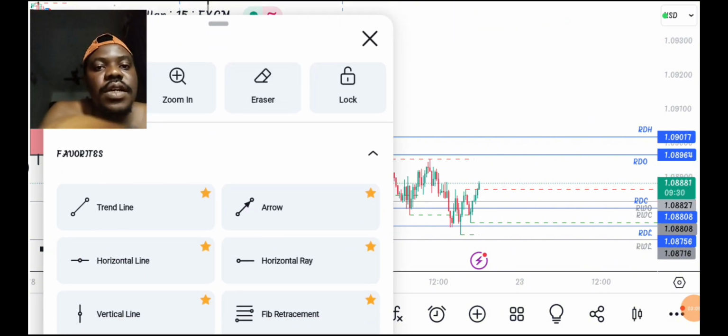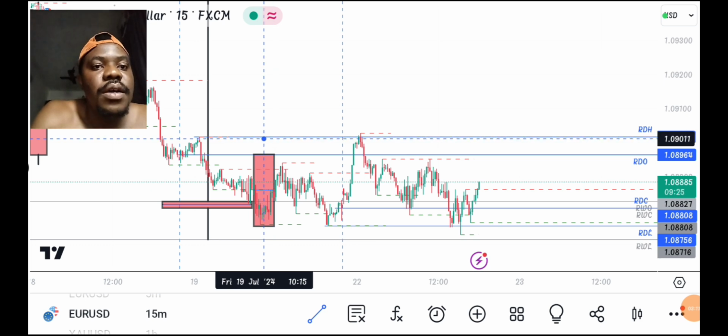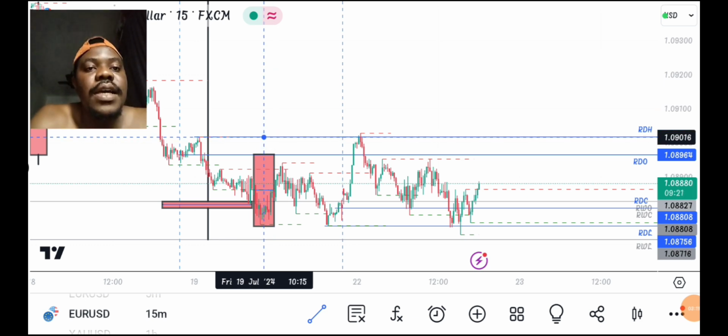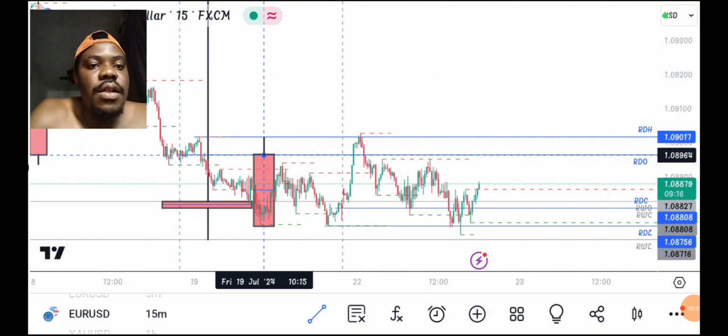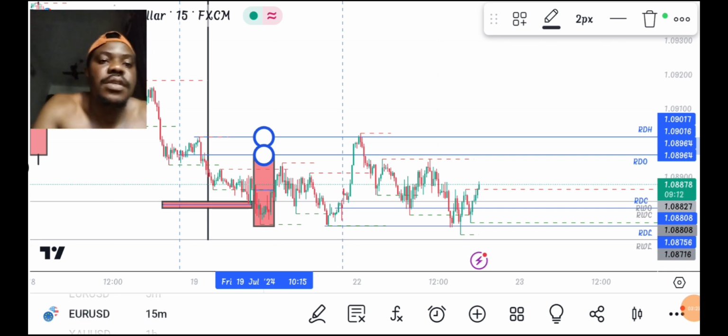Then we take our trend line tool and draw from our recent daily high into the body of the candlestick we just created, into the body of the rectangle tool, either way.